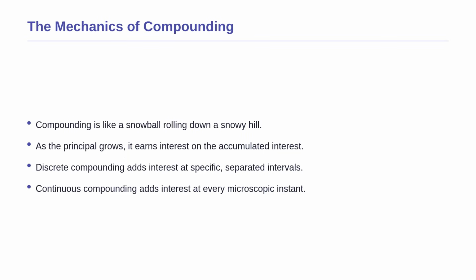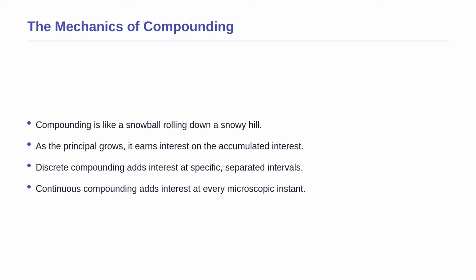Now that we know what we are studying, let us look at how compounding actually works. Imagine rolling a small snowball down a long, snowy hill. As it rolls, it picks up fresh snow, making it larger. Because it is larger, its surface area increases, allowing it to pick up even more snow on the next rotation. This is exactly how compound interest works with money.